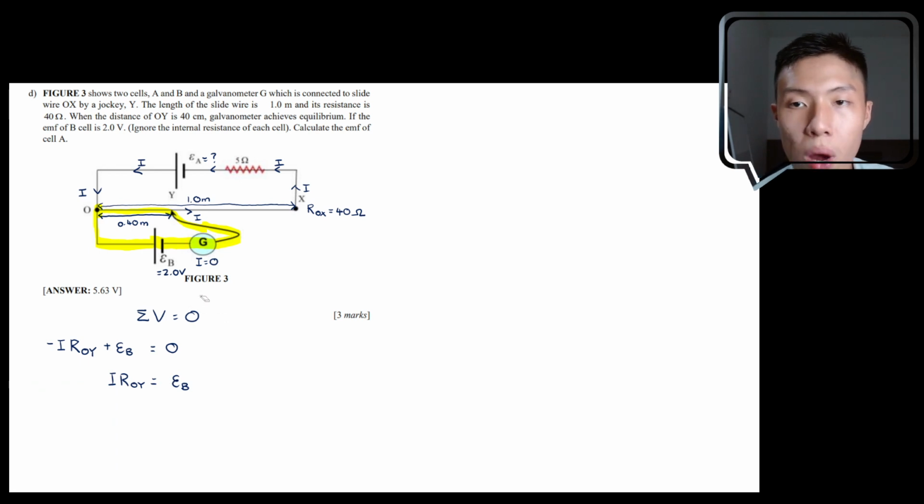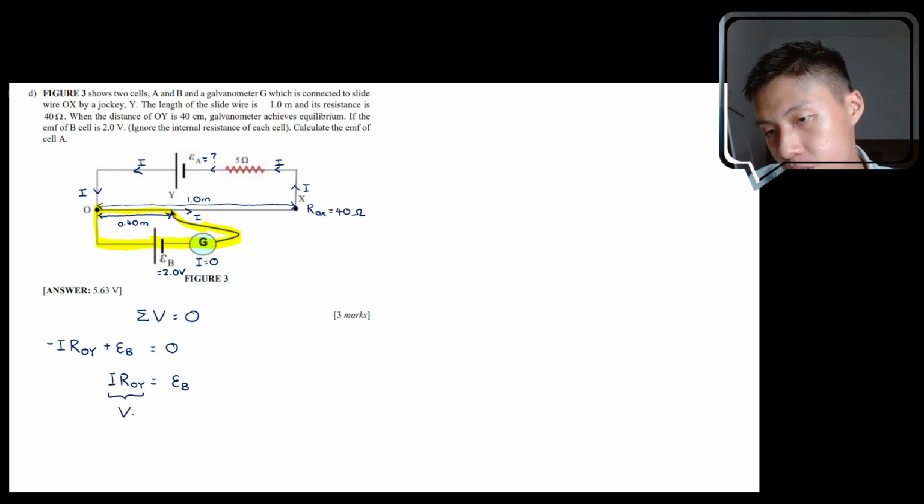So what is this trying to tell you here? It's trying to tell you that this is the potential difference across from O to Y, and it equals the EMF of cell B. So the potential difference across these two points of the wire will be the same as the EMF of cell B. We already know the EMF of cell B is 2 volt.